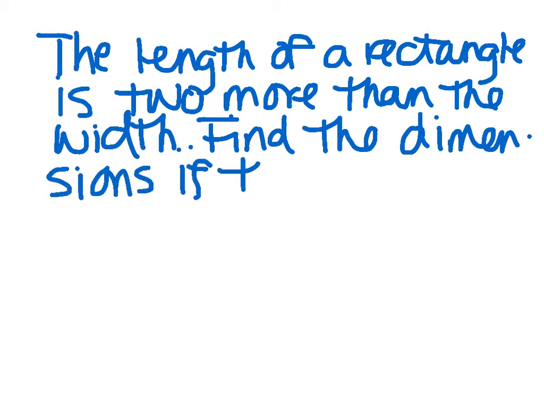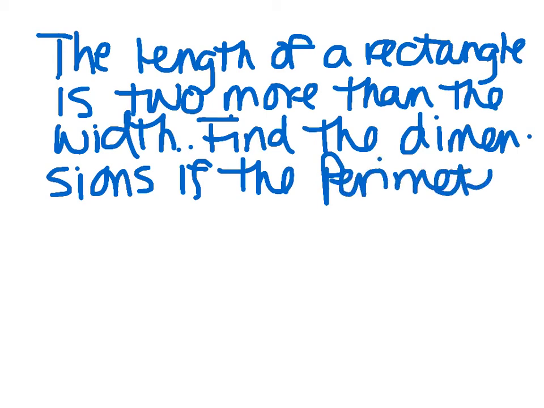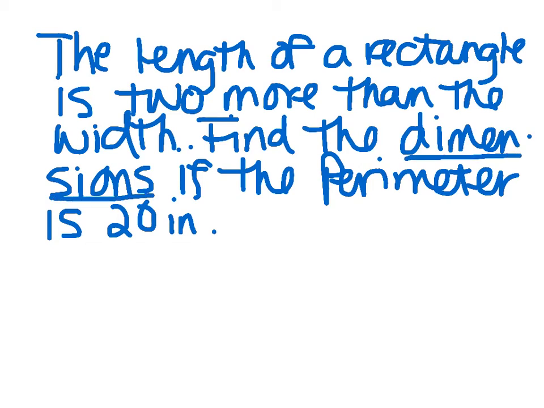If the perimeter is 20 inches. So we are asked to find the dimensions. Notice that is plural. There are 2 dimensions in a rectangle. They are length and width.